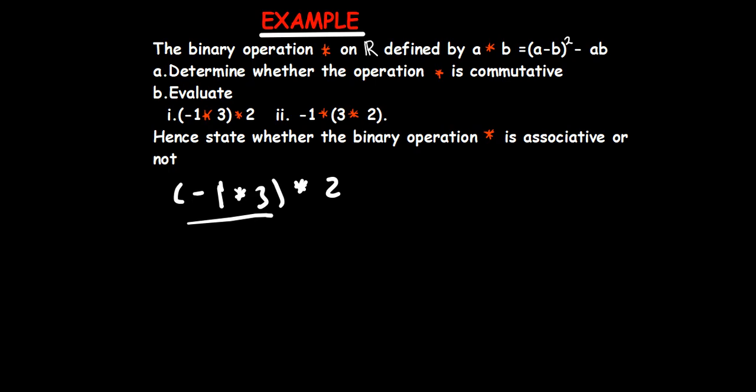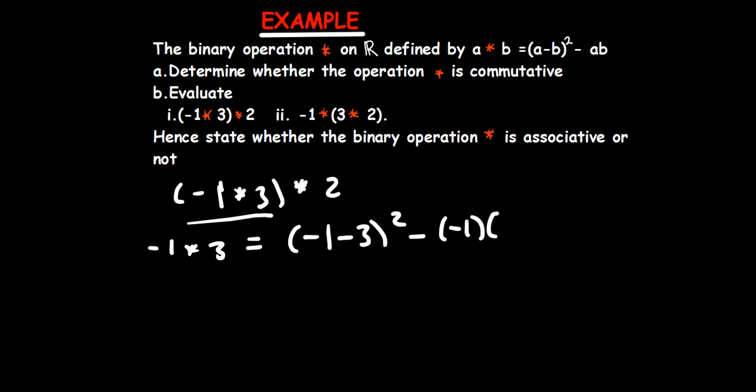So let's replace. This negative 1 is going to be my A, and 3 is going to be my B. So I have negative 1 star 3 equal to negative 1 minus 3, then squared, minus A, which is negative 1, times B, which is 3.